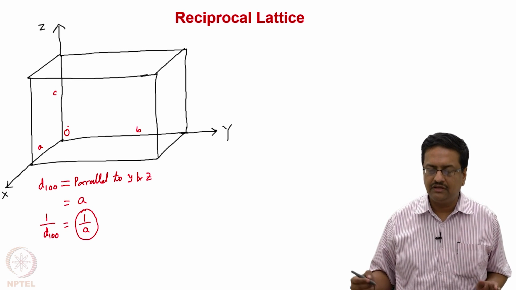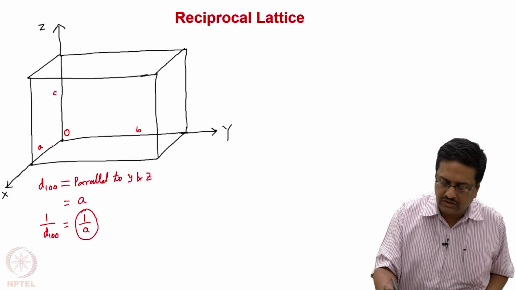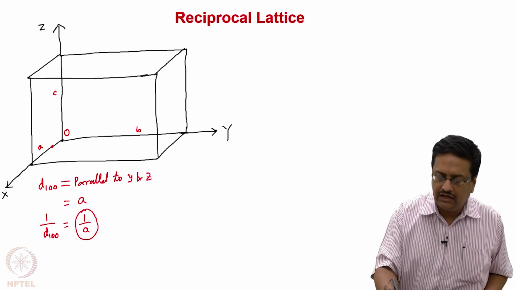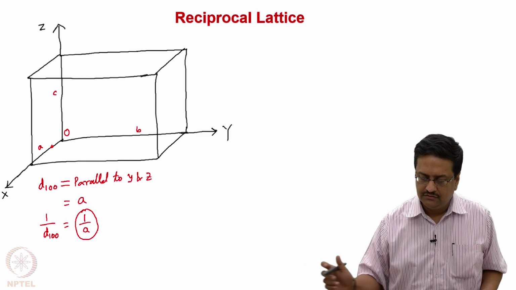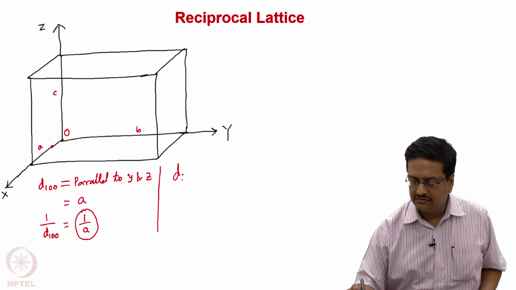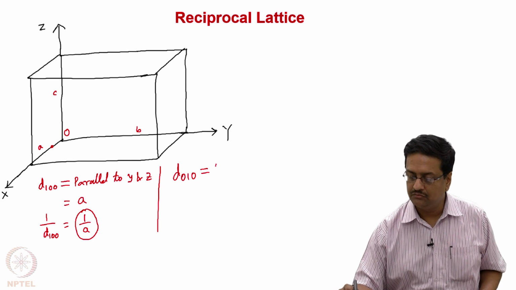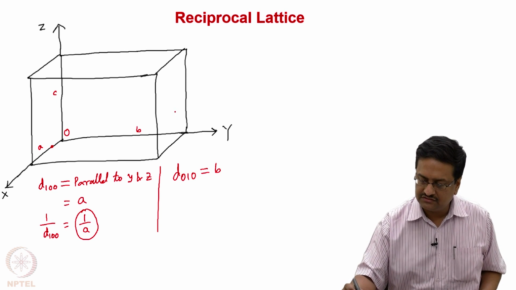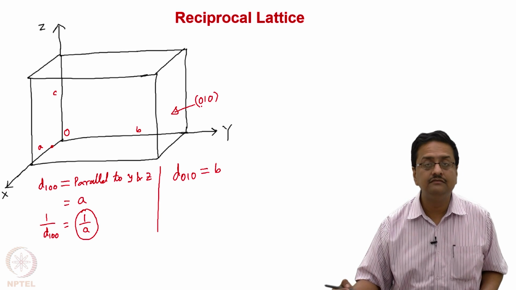Now, if we consider that 1 by A falls at this point, then D010 is equal to B, because this is the 0 1 0 set of planes.